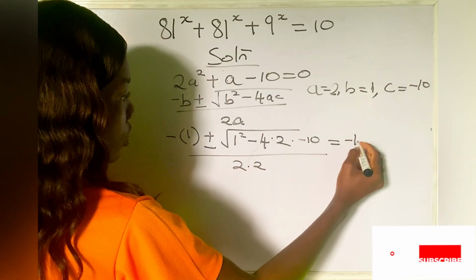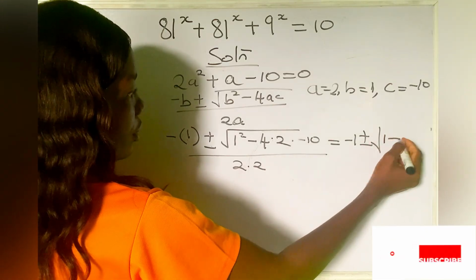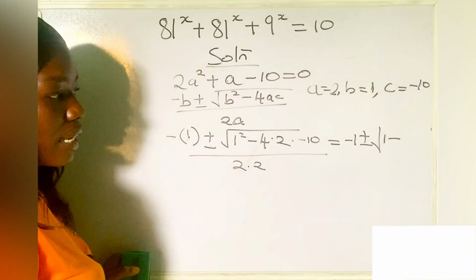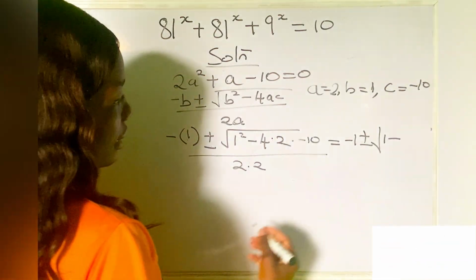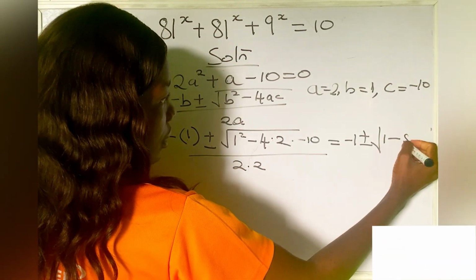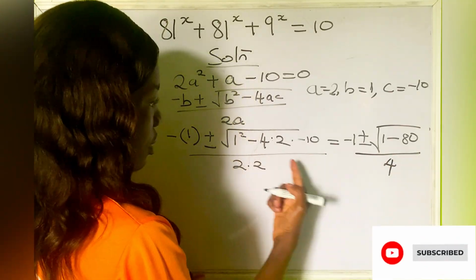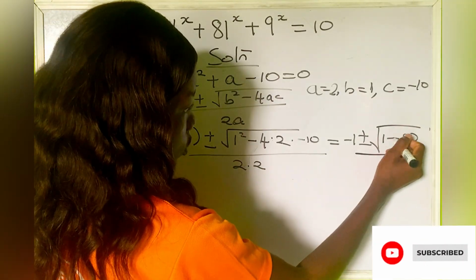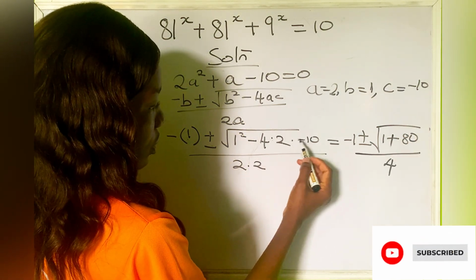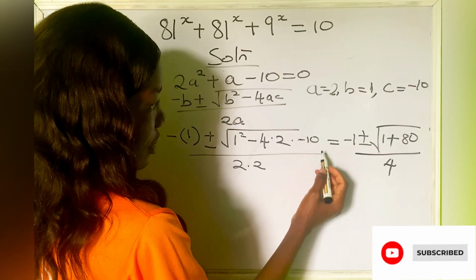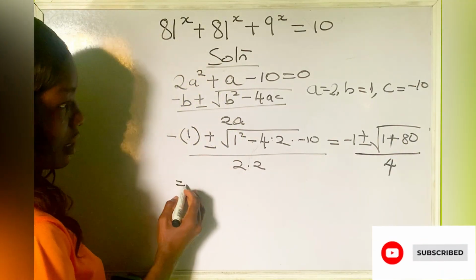So this is minus 1 plus or minus root 1, minus this times this is 8. 8 multiplied by minus 10 is minus 80, over 2 times 2, we have 4, right? So, okay, this should be plus, because we have minus 4 times 2 is 8, times 10 is 80, and minus minus is going to give you a plus, okay? So let's not make a mistake in that area.